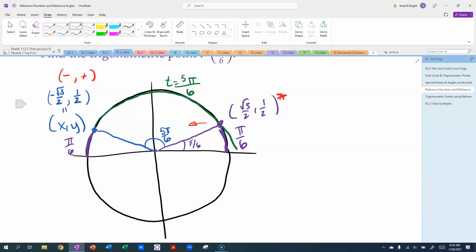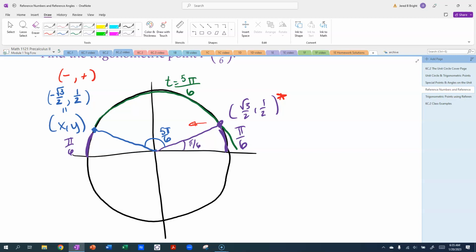Okay? And so all I did was use a little bit of geometry. I recognize, yep, I'm given 5 pi over 6, and then the little bit from the trigonometric point to the x-axis along the unit circle was just pi over 6 radians. Well, I had discussed pi over 6 radians in the first quadrant and said, okay, I know the trigonometric point for that.